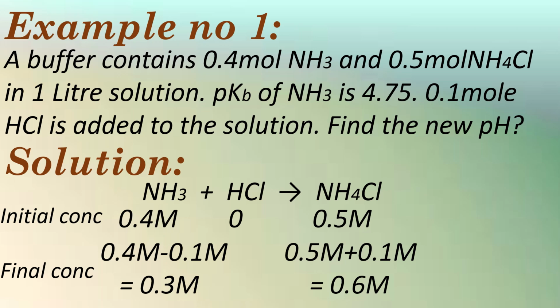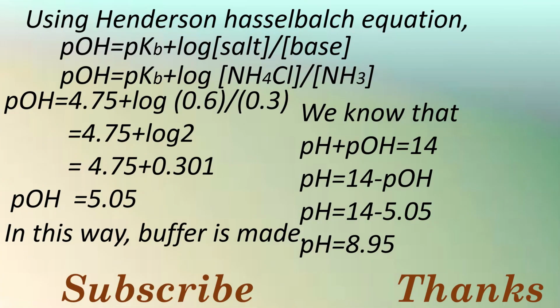Now we will use Henderson-Hasselbalch equation to calculate pOH and then pH. There are two equations of Henderson-Hasselbalch. One is pH is equal to pKa plus log salt upon acid.